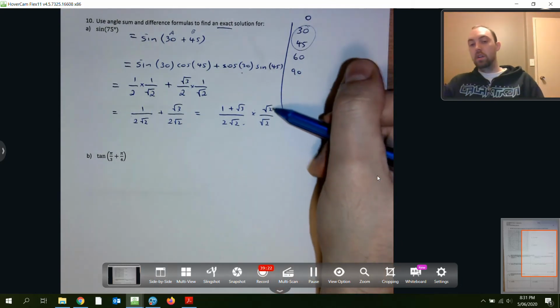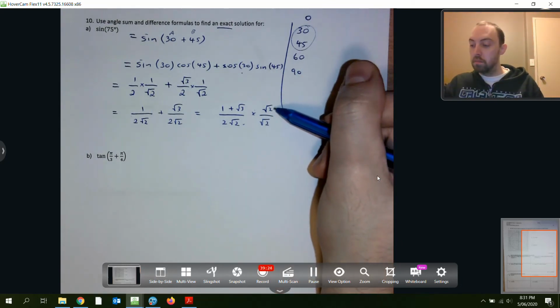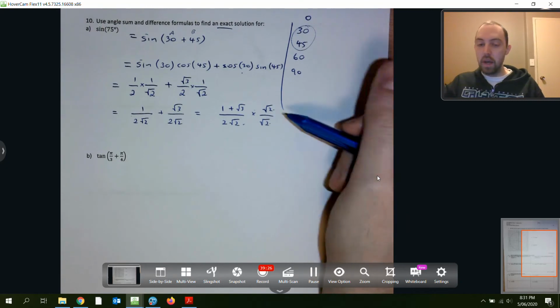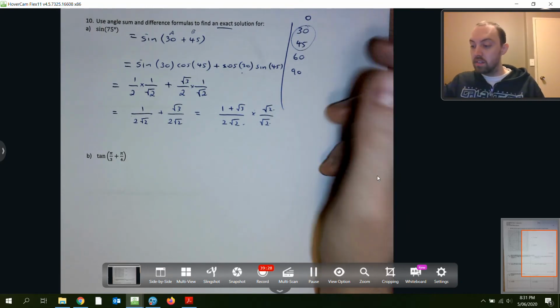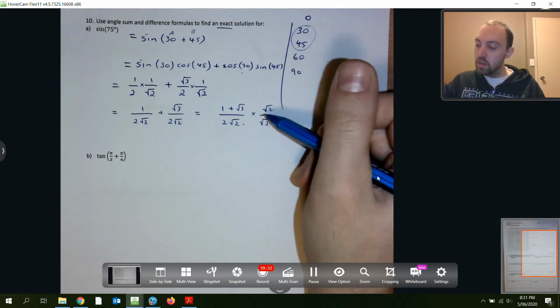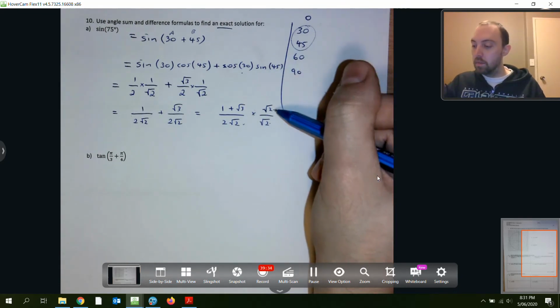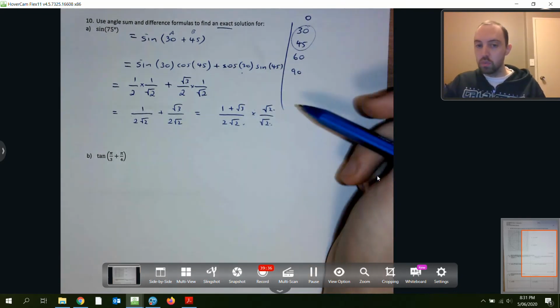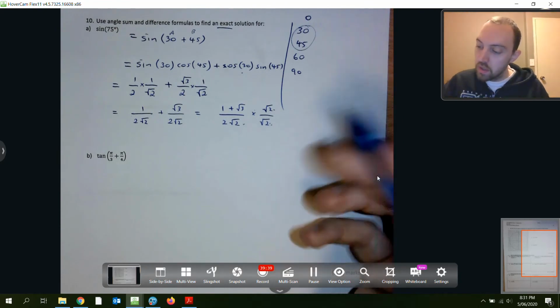Timesing a fraction by the same thing on the top and bottom means it's still an equivalent fraction, so we're not changing the value of it, we're just changing how it looks. Root 2 on root 2 is just 1, so we haven't done anything to it.